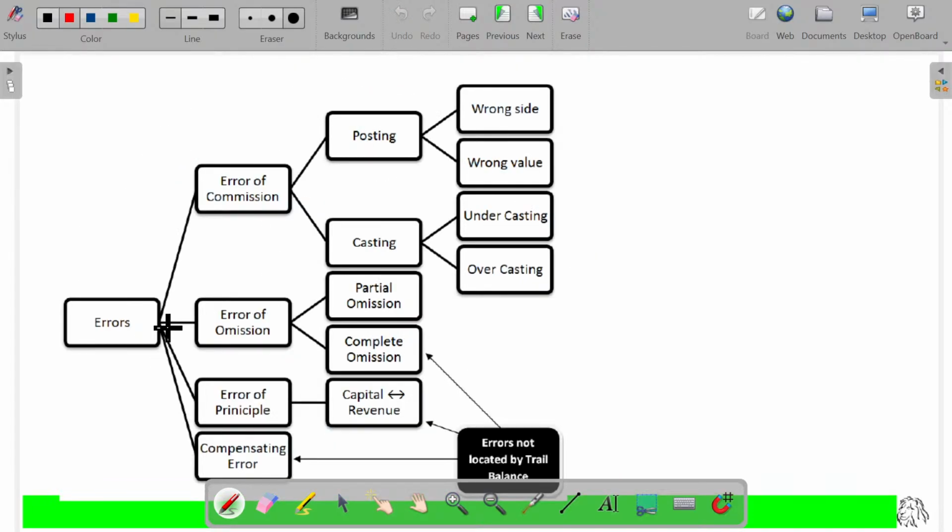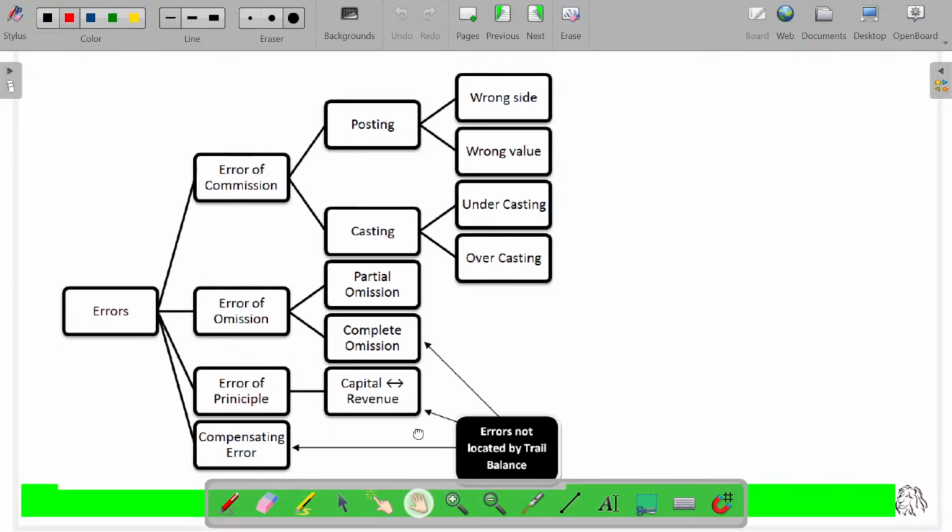Now let's see errors. What are the types of errors we have?